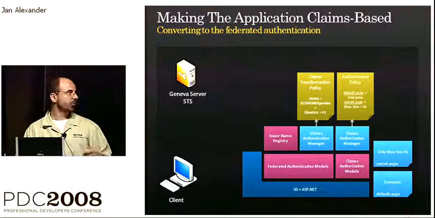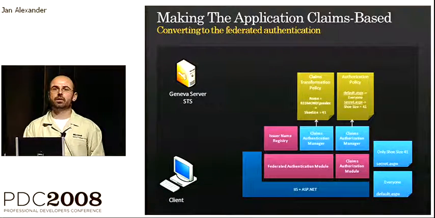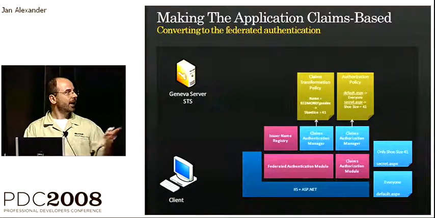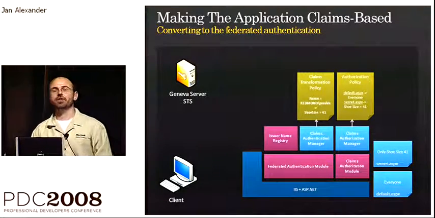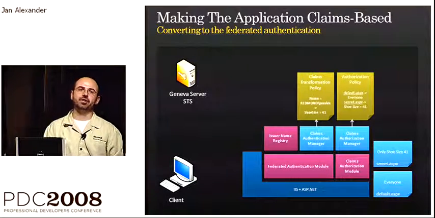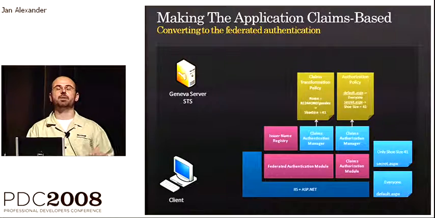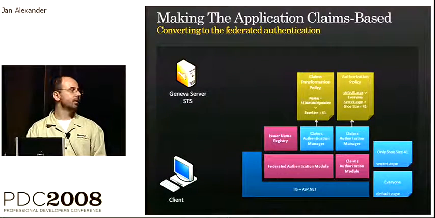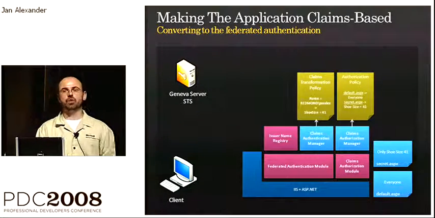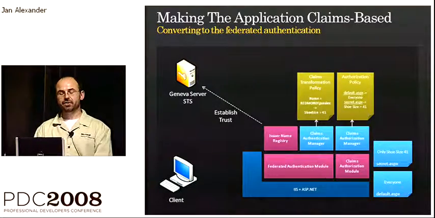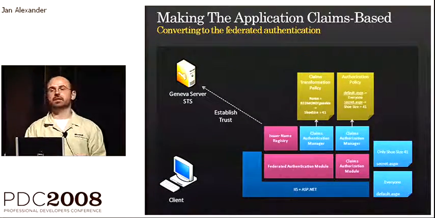For that, I need this federated authentication module. It's actually a combination of two modules, as we will see. And there is another component here, which I already mentioned before. It's this issuer name registry that's responsible for managing the issuers that you trust and giving them the names for the claims. And this one I will use to establish trust between the application and that Geneva server instance.